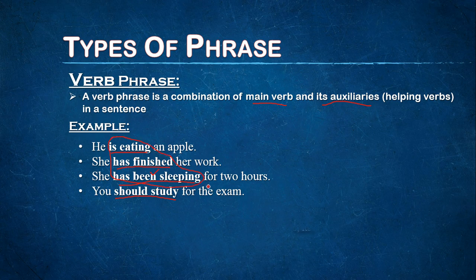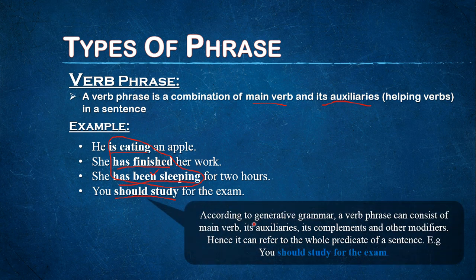Please note that according to generative grammar, a verb phrase can consist of the main verb and its auxiliary, its complement and other modifiers. Hence, it can refer to the whole predicate of a sentence. For example, you should study for the exam. Should study for the exam is known as a verb phrase.